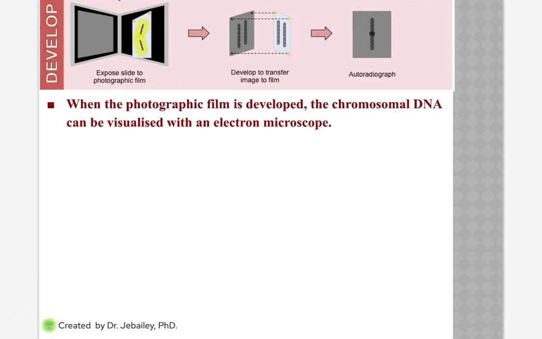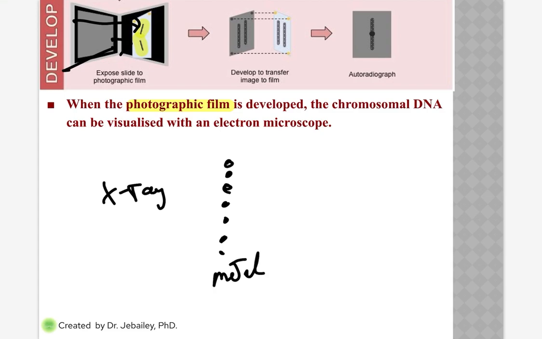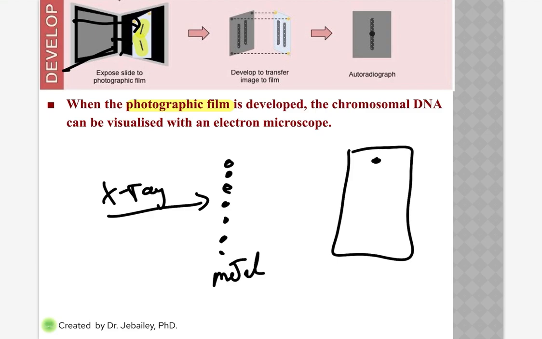You put them in a photography film, and they're developed. And then what happens is, when you have an X-ray hit on the black dots, right? Remember the X-ray. If you have an X-ray hit on things that are dots like this, anything that is metal, what happens? If that light hits on them, that means you're going to see a shadow of them right here, right?